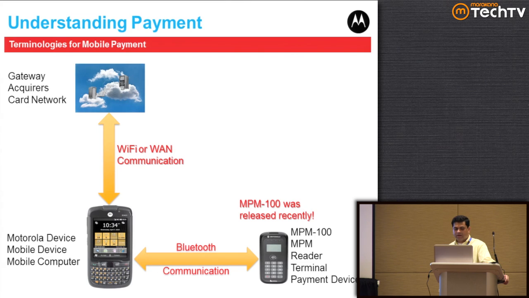And the conversation between the mobile device and the MPM happens over Bluetooth. And then the Motorola device talks to the gateways, acquirers, card networks, all of those through Wi-Fi or WAN, depending on your setup. So that's the overview picture of what will happen when you start using the Motorola solution. Right?